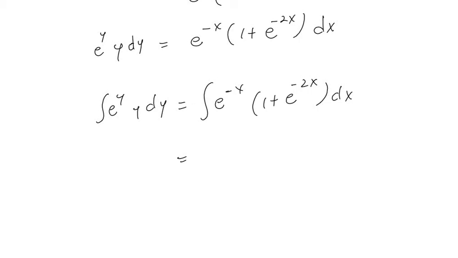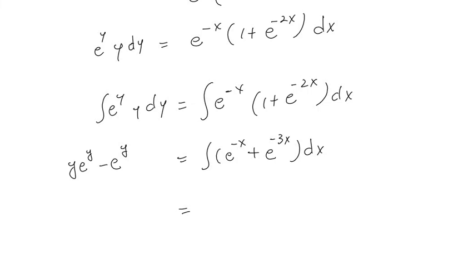So by applying integration by parts on the left side, you will have y e raised to power y minus e raised to power y. And on this side I am multiplying this e raised to power minus x with these two terms, and I will have e raised to power minus 3x dx.